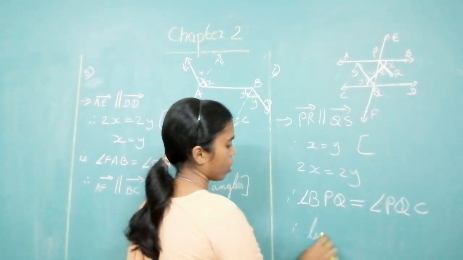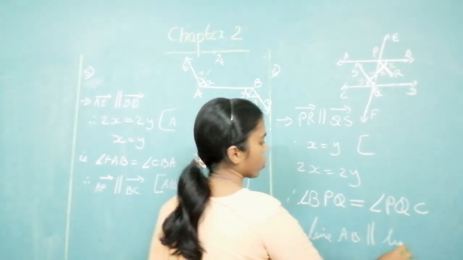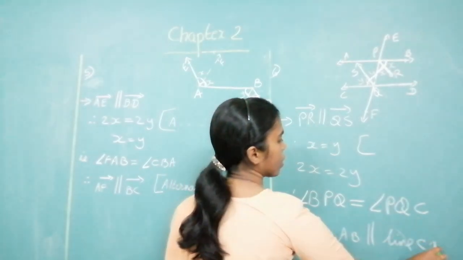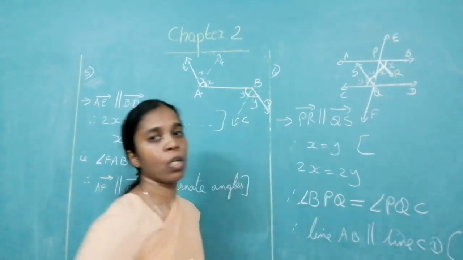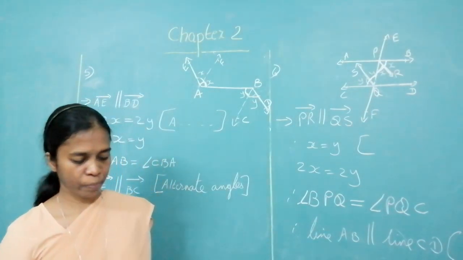Therefore, line AB is parallel to line CD. And what is the reason? Alternate angle test. Okay, please copy it.